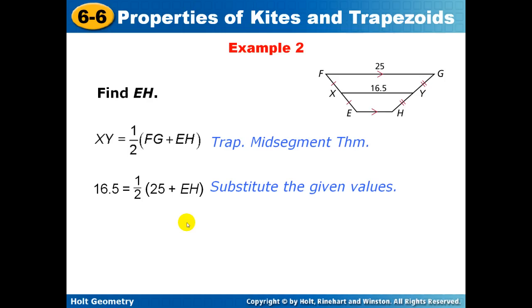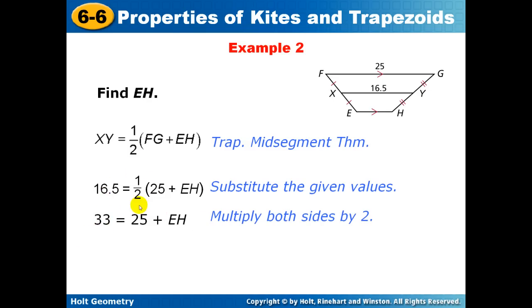So then I start solving, working backwards. I know that here I have half of this, and I could distribute that half if I wanted to, but I'm not. Instead, I'm going to multiply both sides by 2 to get rid of the half, which lets me on the left-hand side, the 16.5 times 2 is 33.